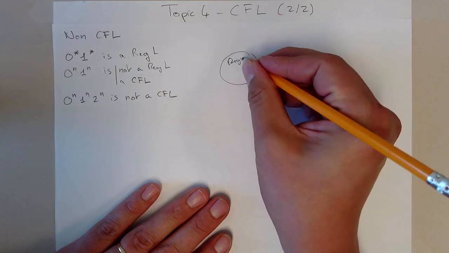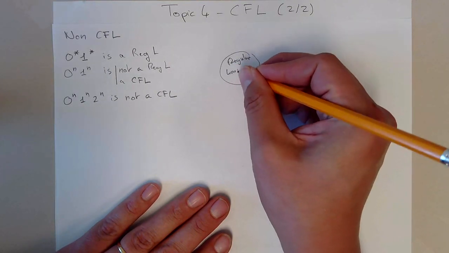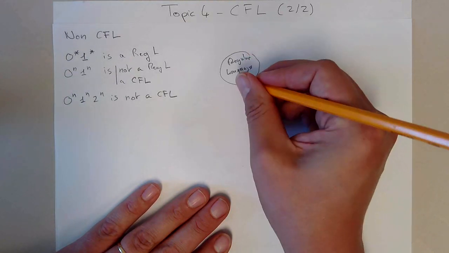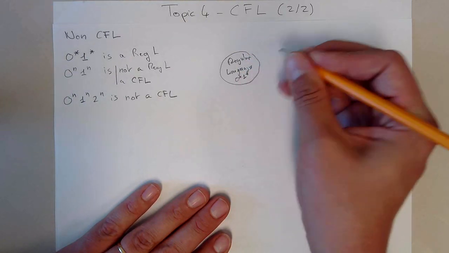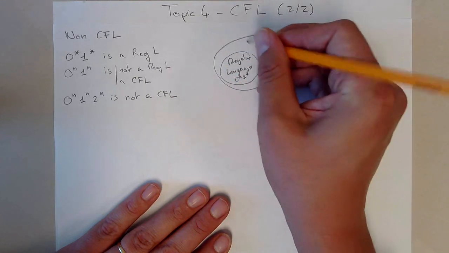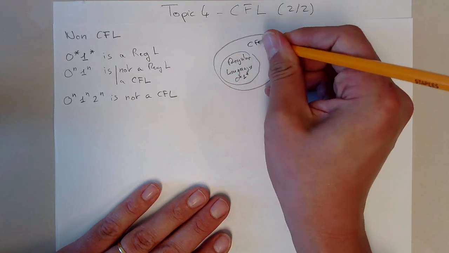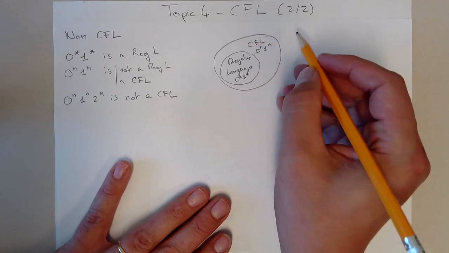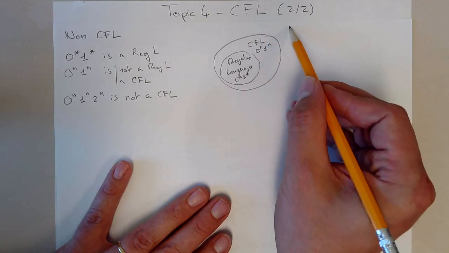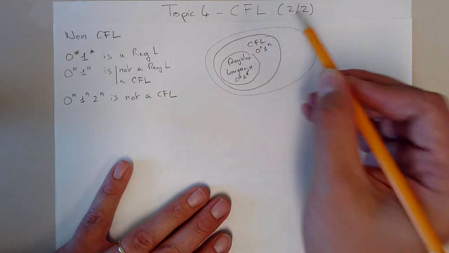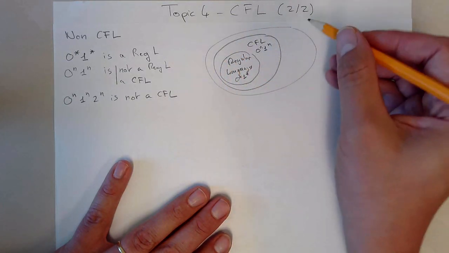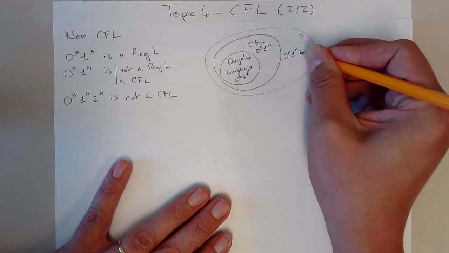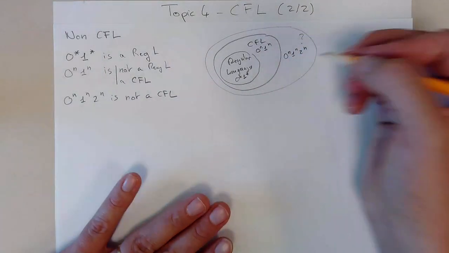So we have regular languages, including 0 star, 1 star as an example, and then the context-free languages, including 0^n 1^n. We now know how to generate this one, and now we have something larger. We don't know what it is yet, but we will see that 0^n 1^n 2^n is not in there. It's not a context-free language.